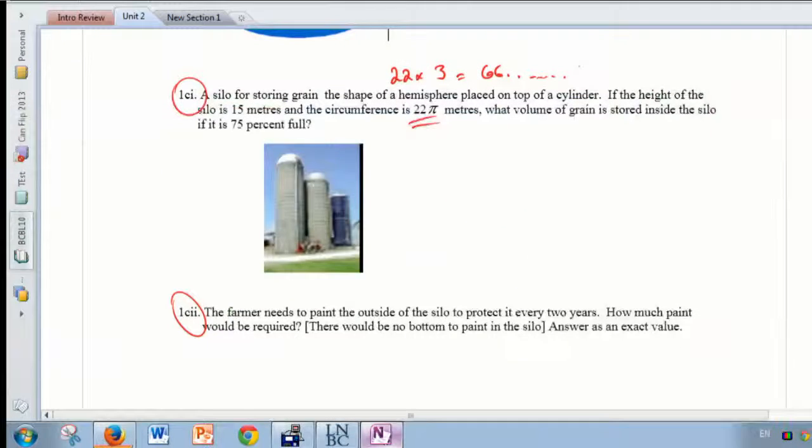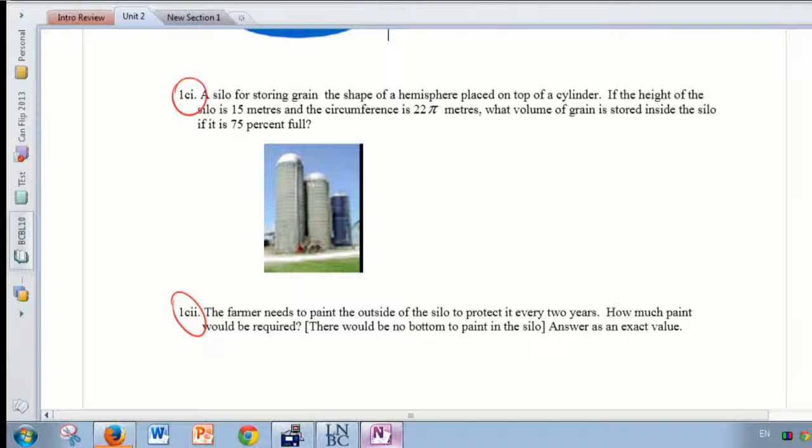What we're doing is leaving it in exact form. So instead of writing it as 22 times pi, because pi is this decimal that goes on forever, it's an irrational number, we can have the exact number. So 22 times pi is exact, whereas 66 point something something something is going to give us an approximation of what that is. So that's where the 22 pi is coming from.